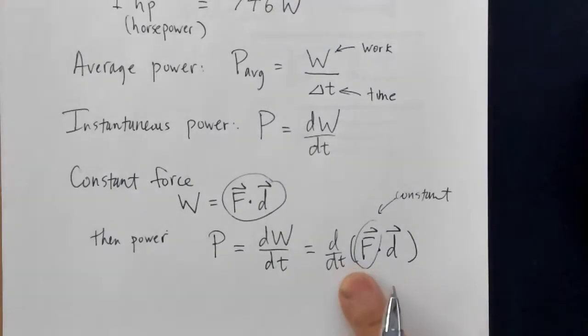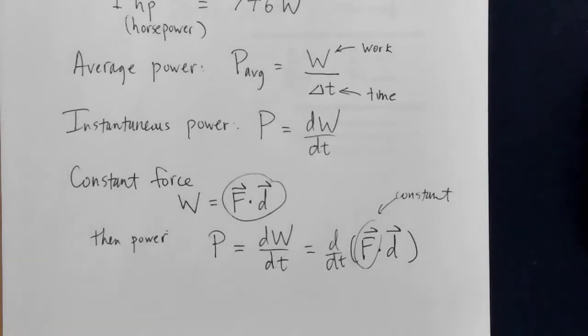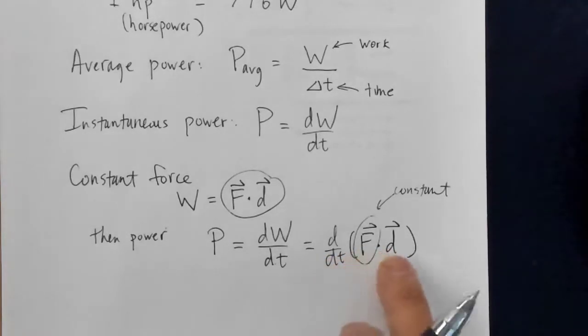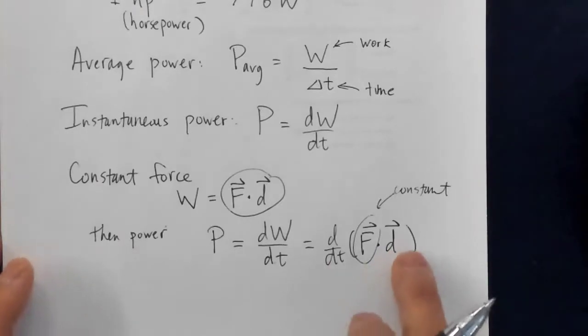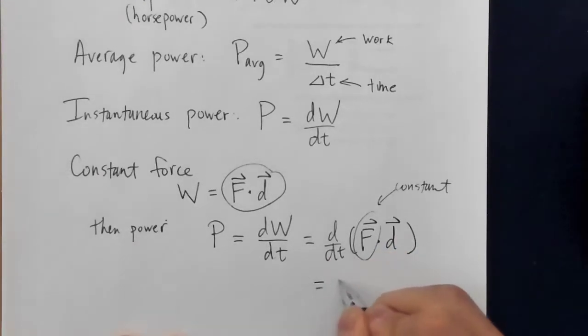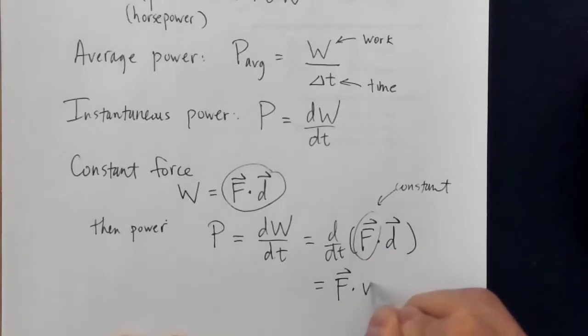But what is the time derivative of the displacement? What do we call the time derivative of the displacement? Yeah, it's a velocity. So it's the time derivative of the displacement that will give me something. I'll end up with F dotted with v.